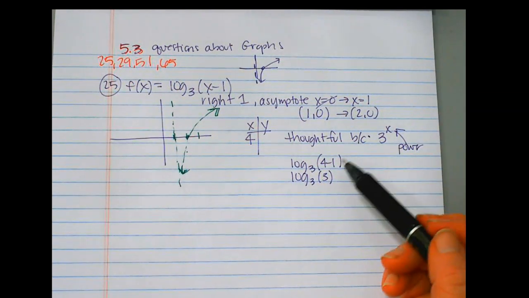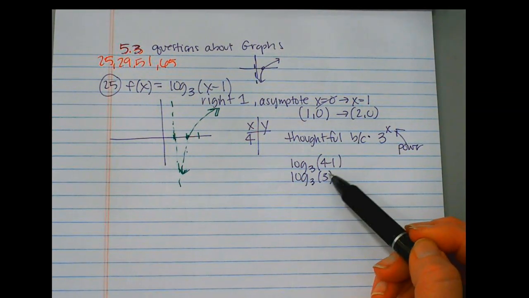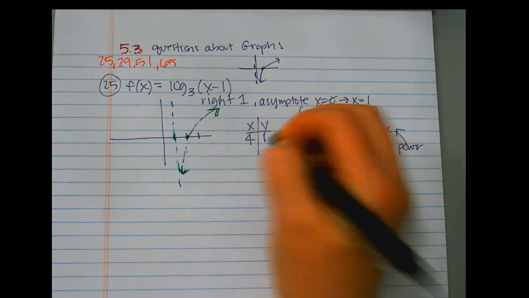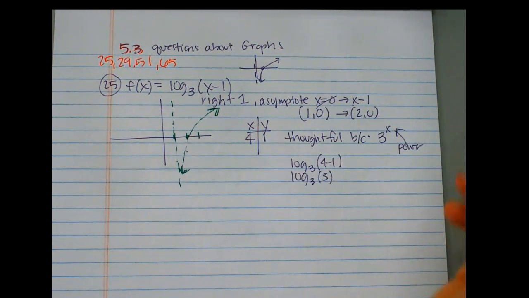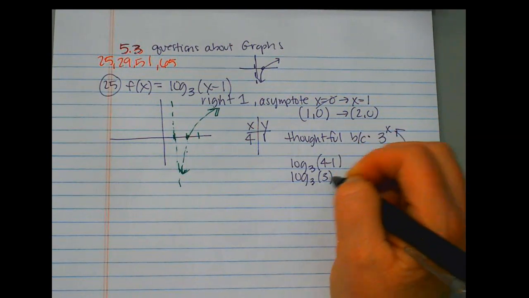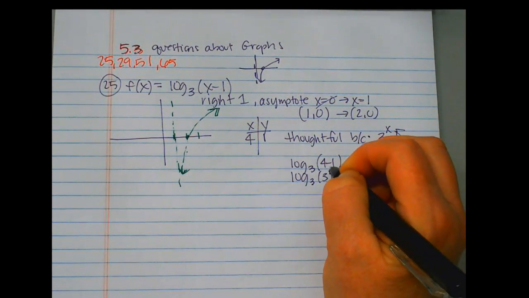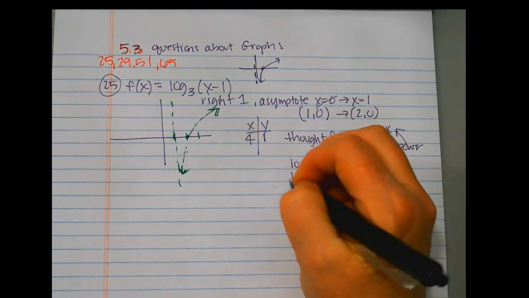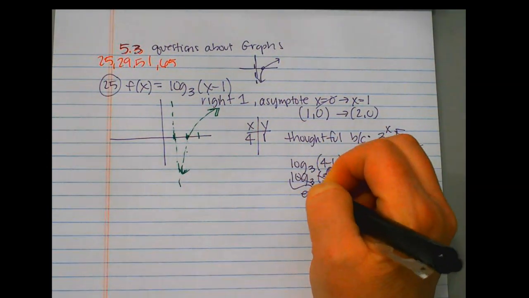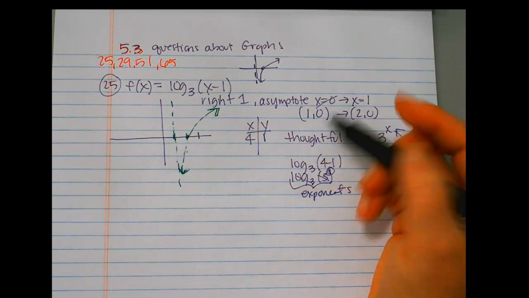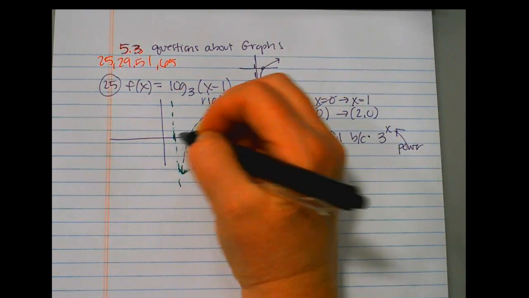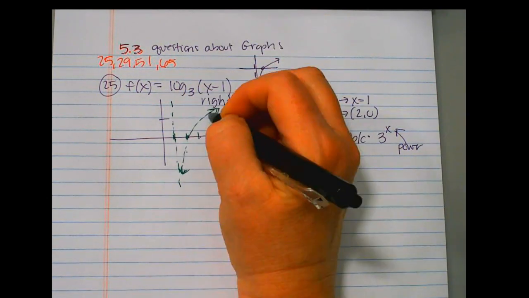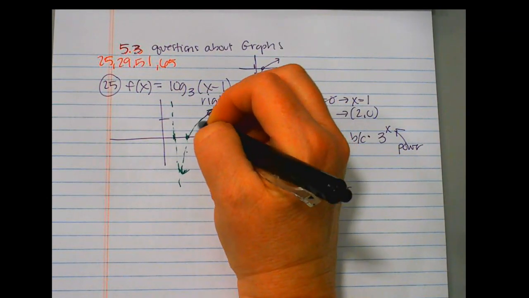What exponent do you put on 3 to make it equal to 3? 1. So these have the same base, and so you're using this exponent here. It's like they cancel out. Logarithms are exponents. So the exponent is 1, and that gives me the point (4, 1). And that gives me an idea of the sketch of it.